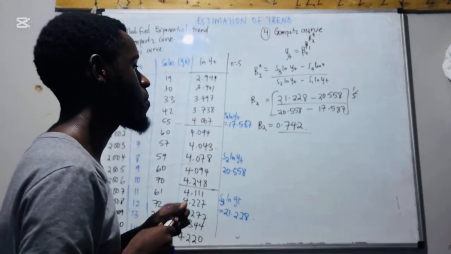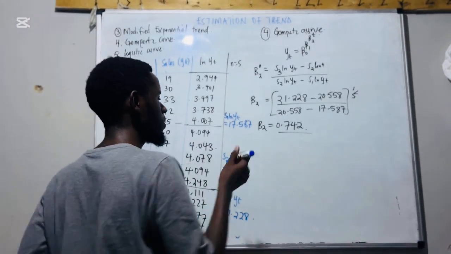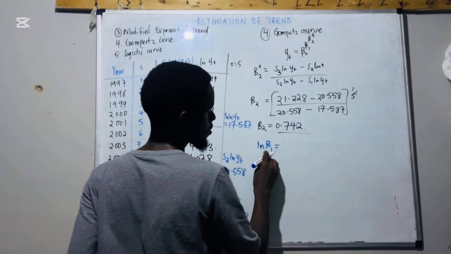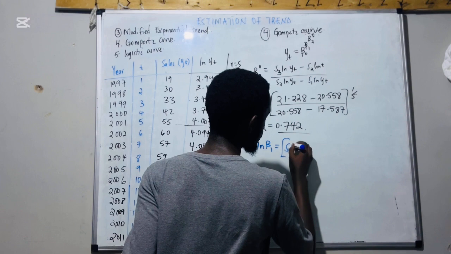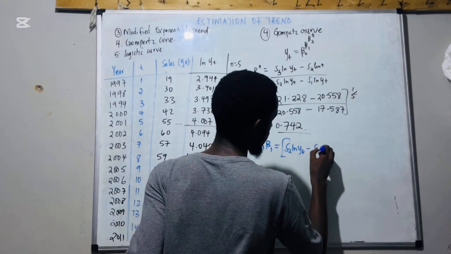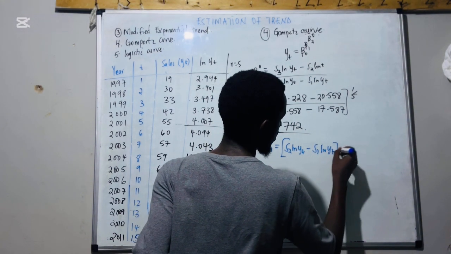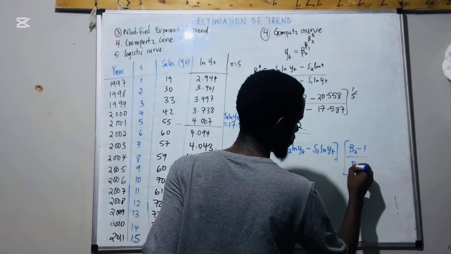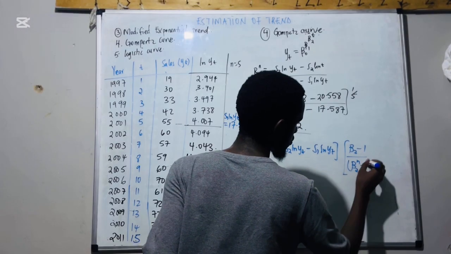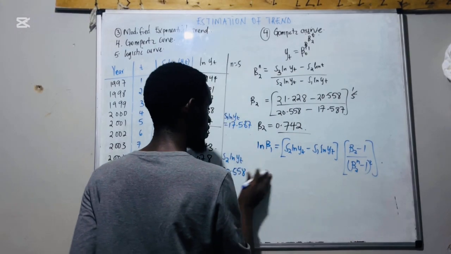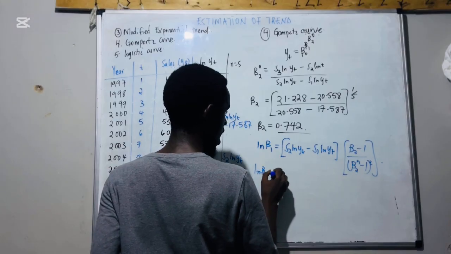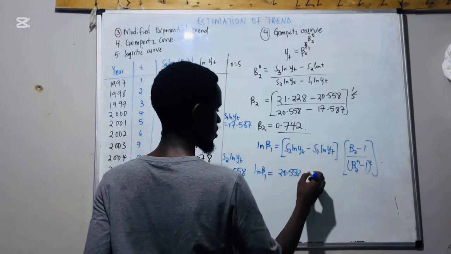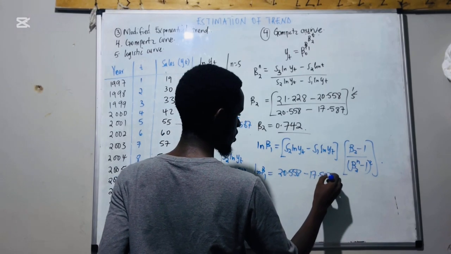Now from there I can find also my beta 1. My beta 1 is my ln beta 1. The formula is ln beta 1 equals S2 ln yt minus S1 ln yt times beta 2 minus 1 over beta 2 power n minus 1, everything squared. Then we substitute here, we shall have our ln beta 1 as S2, that will be 20.558 minus 17.587, something like this.